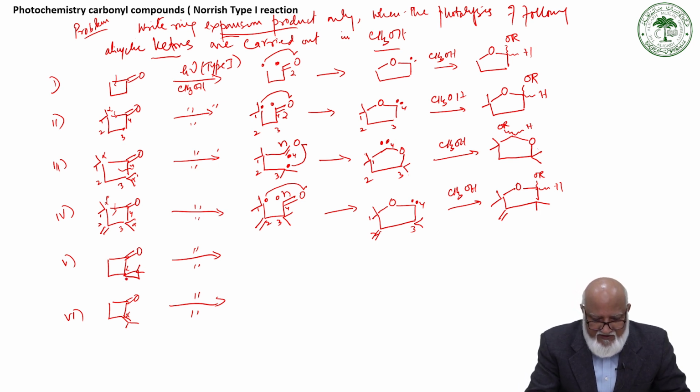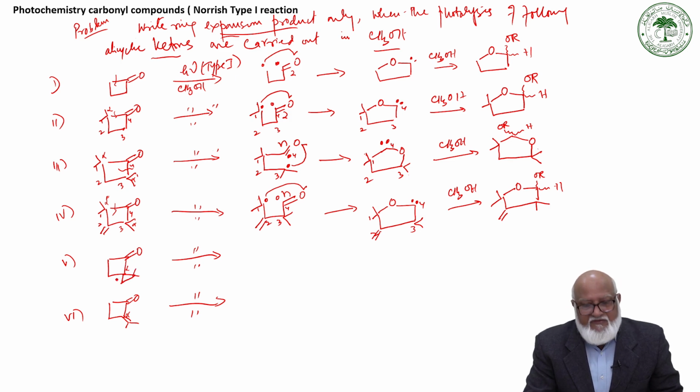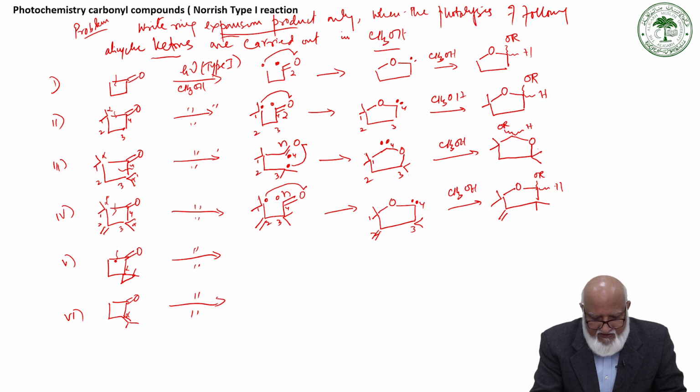Now we can see here there is a cyclopropyl group. So with the dimethyl substitution, there is a cyclopropyl group, and there is a bicyclic system. So let us cleave one by one.